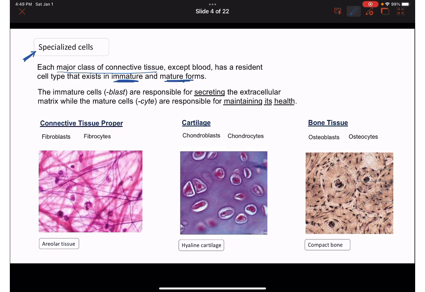The immature cells are going to have the suffix blast, and they're responsible for making the extracellular matrix, for producing the protein fibers and ground substance that you're going to find in that tissue. And then the mature cells are going to have the suffix cyte, and they're responsible for maintaining the health of the extracellular matrix.